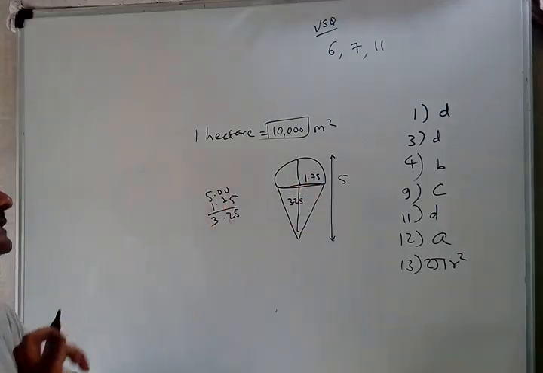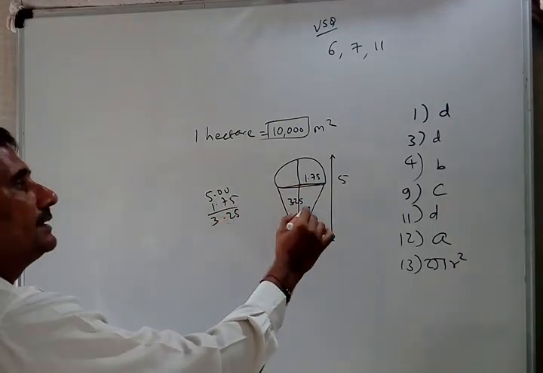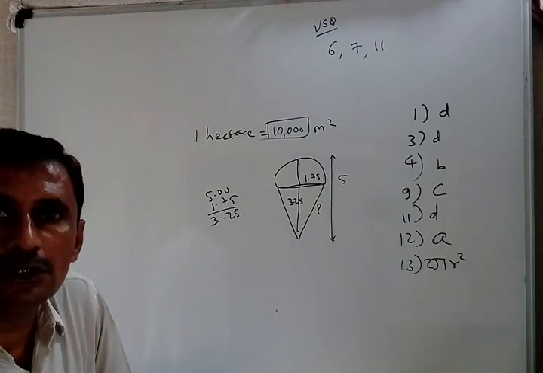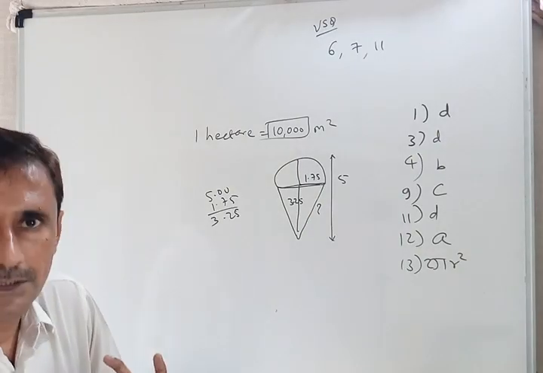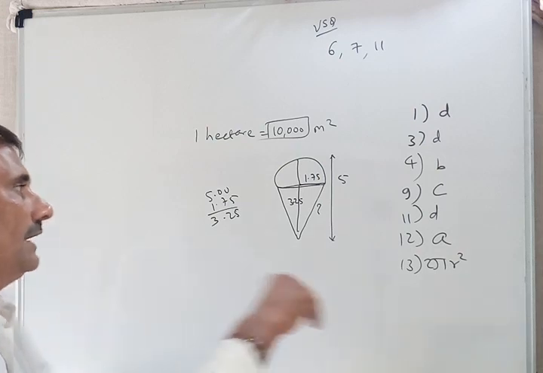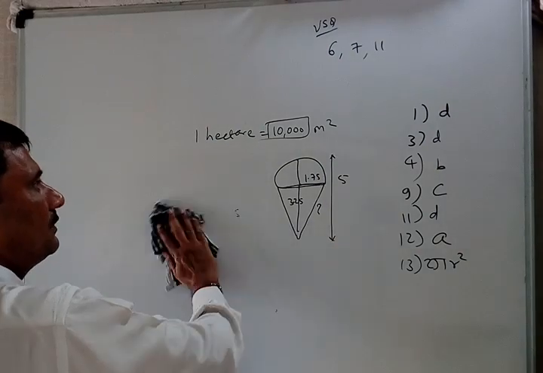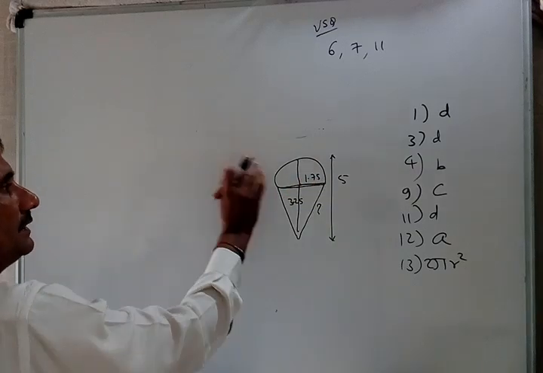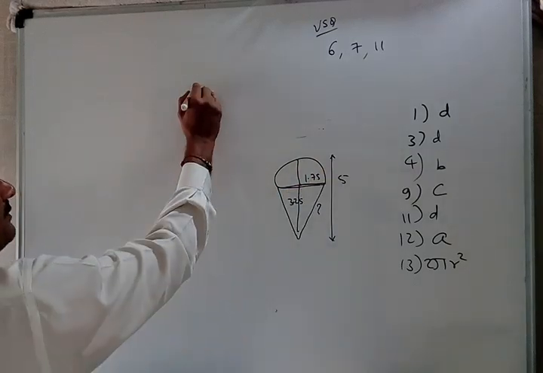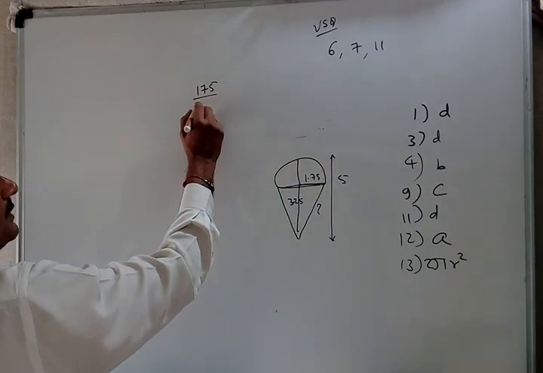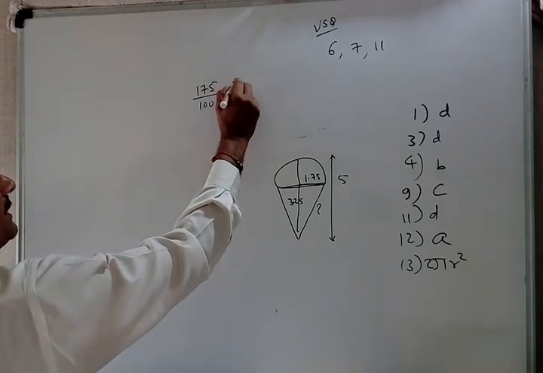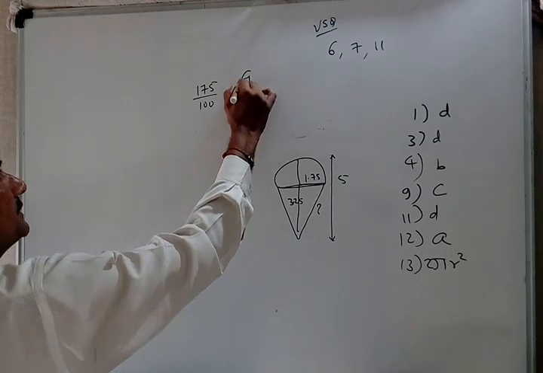Now the problem arises how to find the slant height here, because the numbers are somewhat problematic. So first of all, don't use these decimals. Actually 1.75 is 175 by 100, which is 7 by 4.